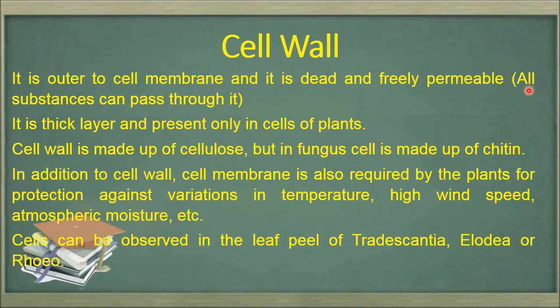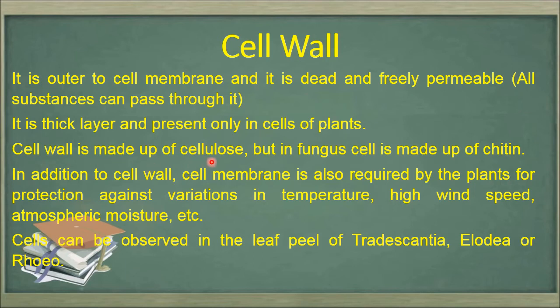That it is non-living by nature, and second, it allows everything to come into the cell and everything to go out of the cell. So that is the nature of it. It is a thick layer and present only in the cell of a plant. It is not at all present in an animal cell.